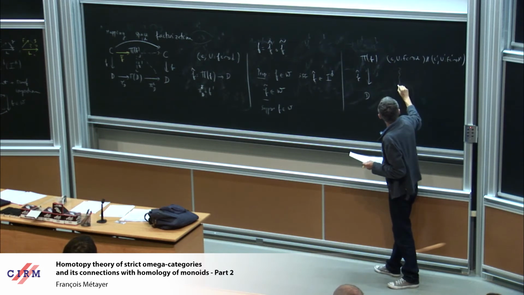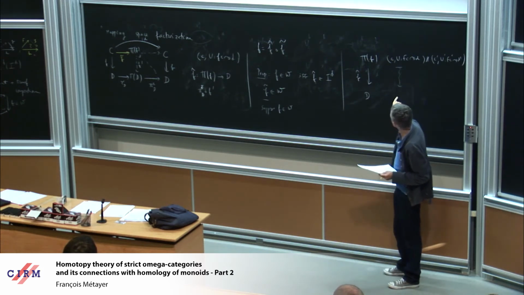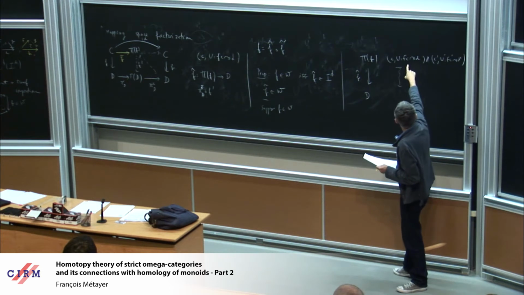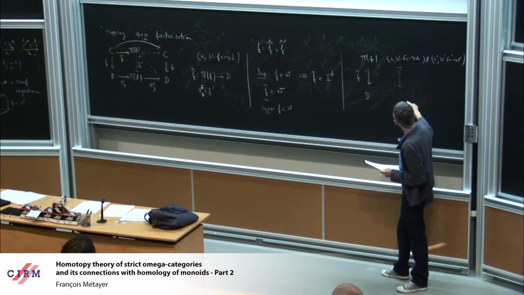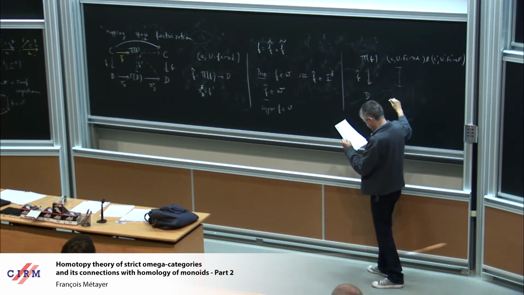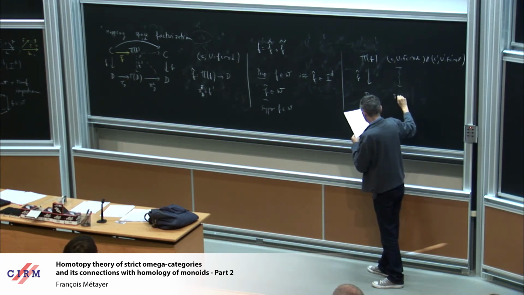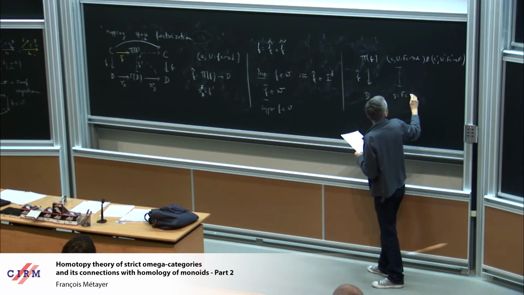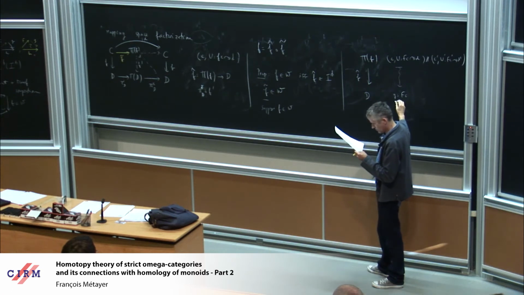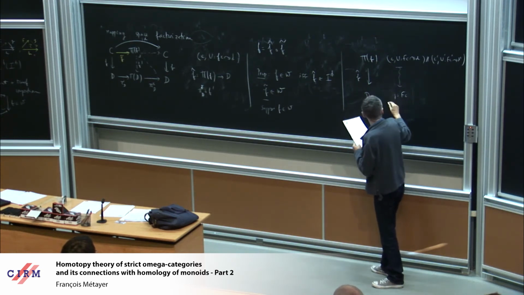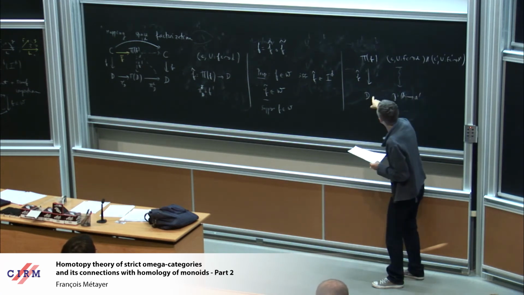And you go here to D by F hat, so that's simply D and D prime, and so you suppose that you have a certain cell, say Z, you have Z from D to D prime, yeah?